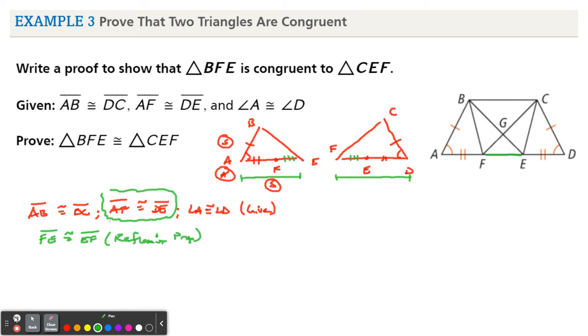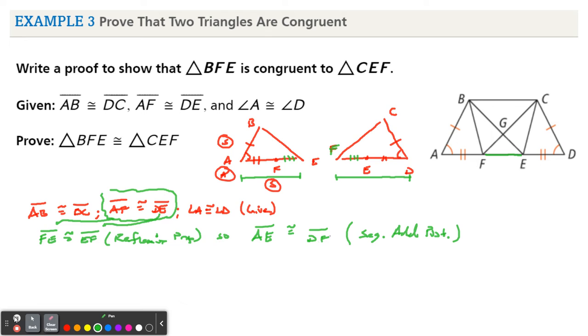If we take AF and add FE, and take DE and add EF, we're going to get 2 more congruent segments. So we are going to know that segment AE, this big long side, is congruent to segment DF, this big long side. I apologize, DF. That is basically by the segment addition postulate, very similar to what we did in the last problem.